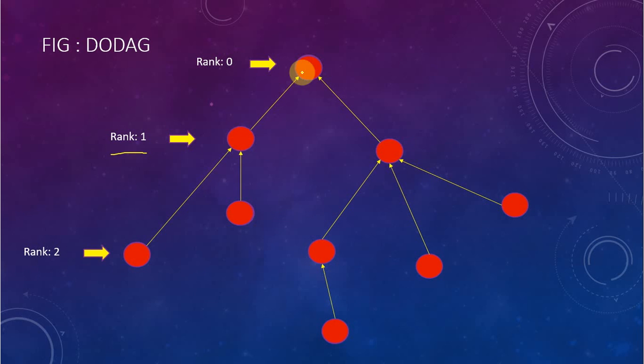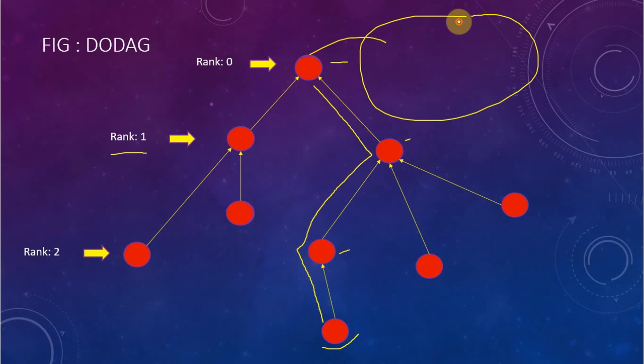If I consider a particular node, let us say this one, the information will be passed in this manner, following this path. It will give the information to this node, then it will forward it to this node, then it will give it to the root node.